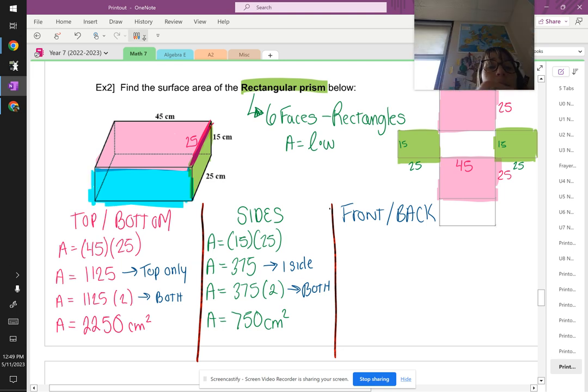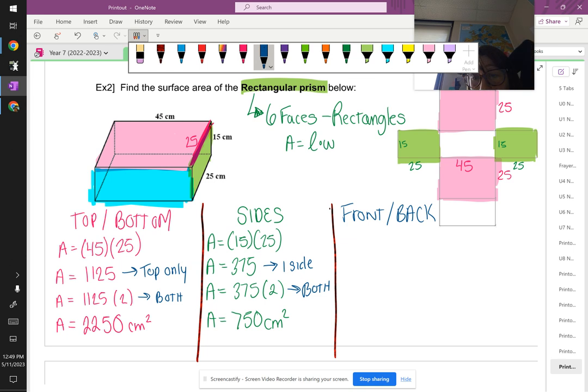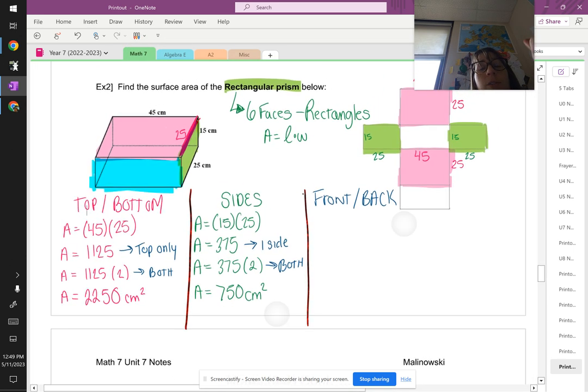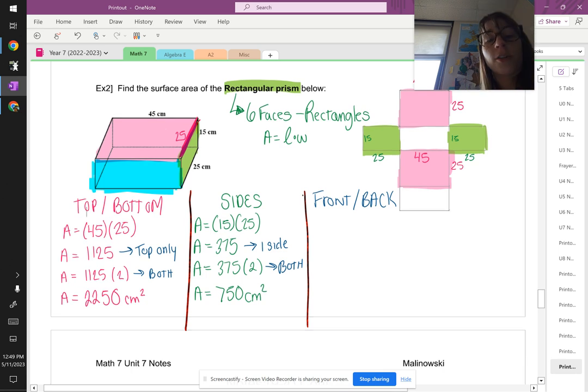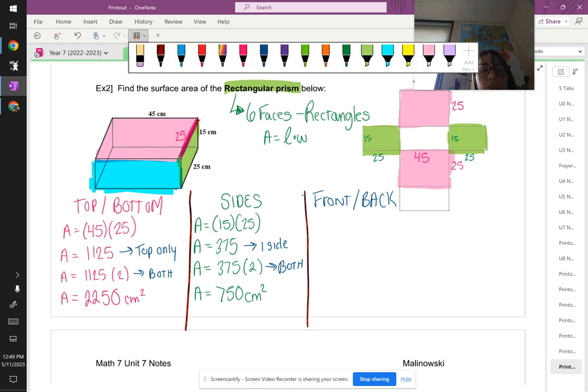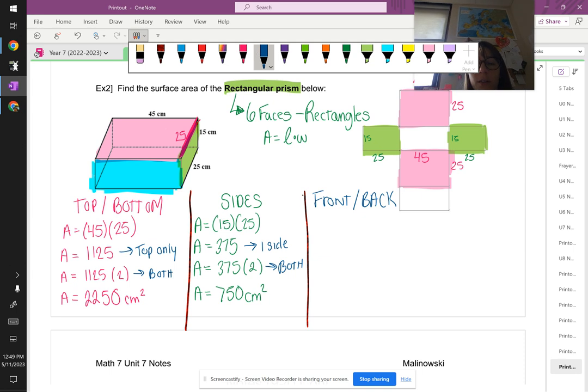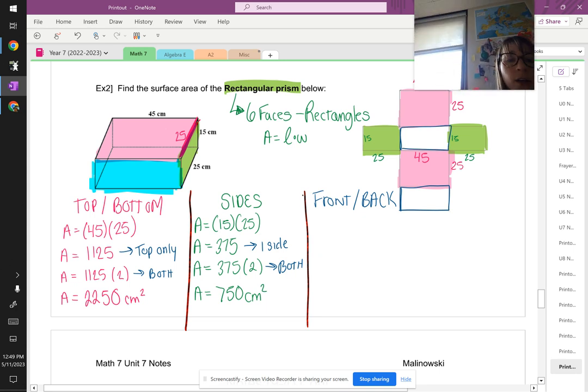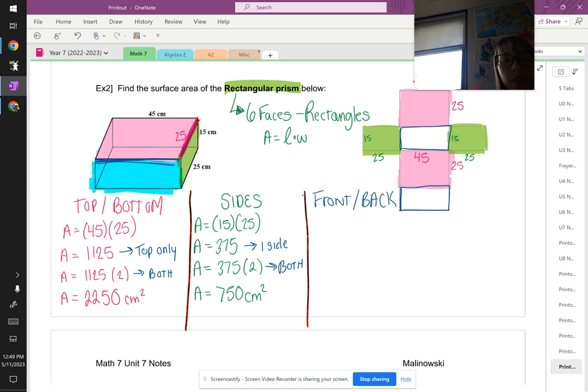Okay, so last but not least, we have the front and the back, which, if you're struggling to look at those dimensions in that diagram there, you can always just redraw the rectangle. If you look at the net, we've got that rectangle there. This top dimension is the same as that, making it 45. And this side is the same as that, 15.